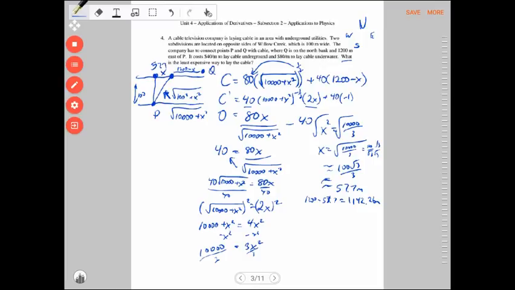So we're going to say it just like that. We could substitute x in and figure out how much cable we have to lay underwater, but it's not asking that at this point.